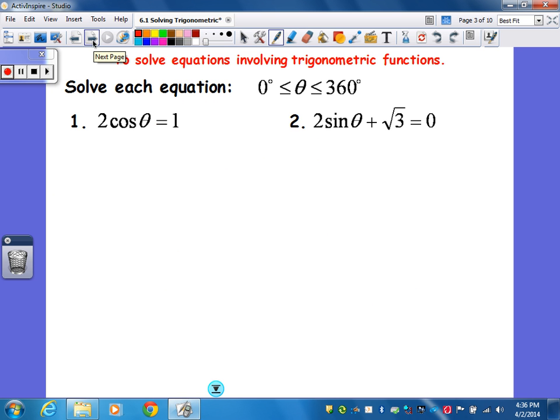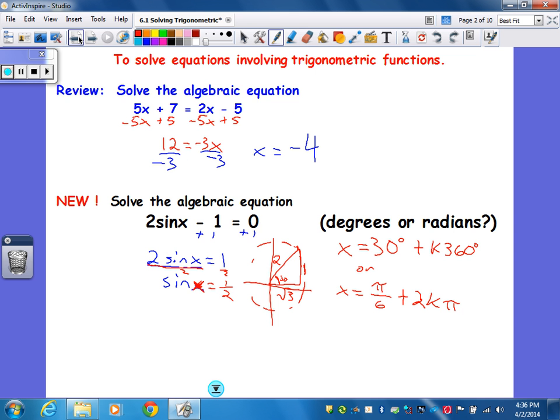That's pretty straightforward. Now we have cosine theta. We want to get that by itself because we're solving for that. If you get cosine by itself, you only need to divide by 2. So we have cosine theta equals 1/2. Right away I'm thinking, I just found in the last question sine of x equals 1/2, so we know we're going to use square root 3 over 2.